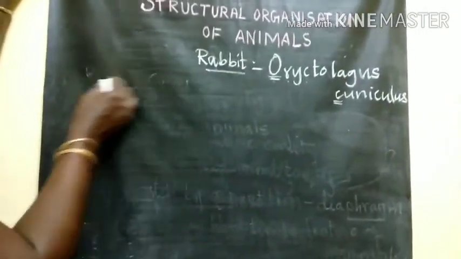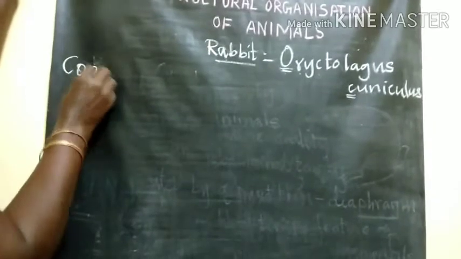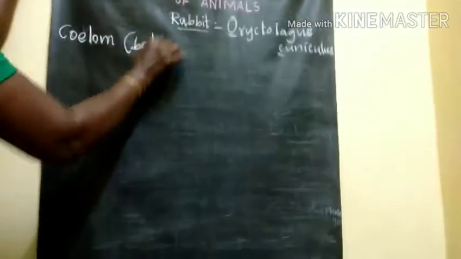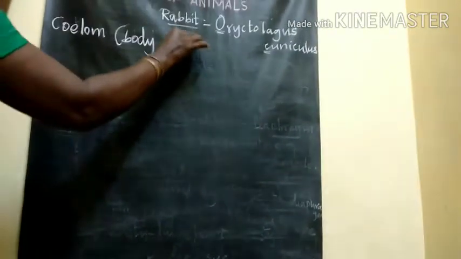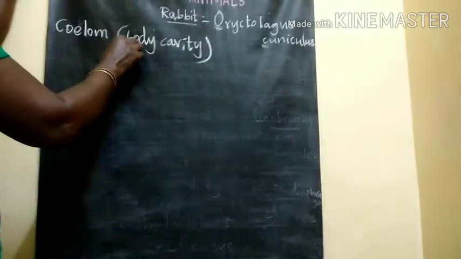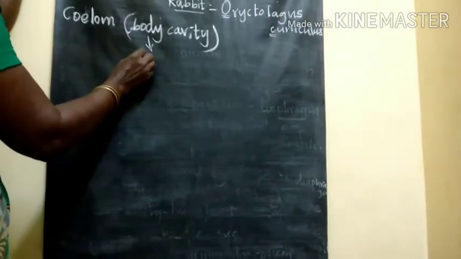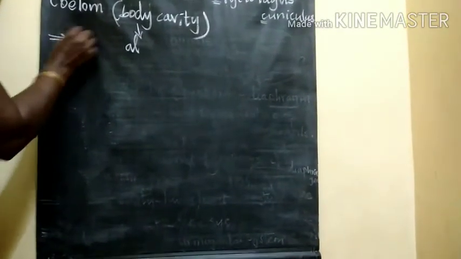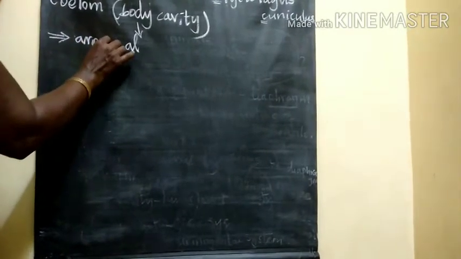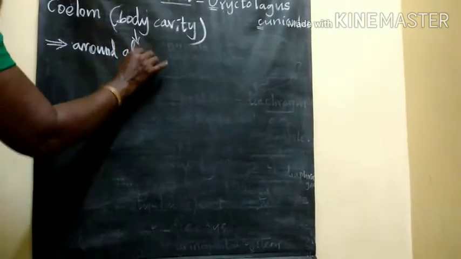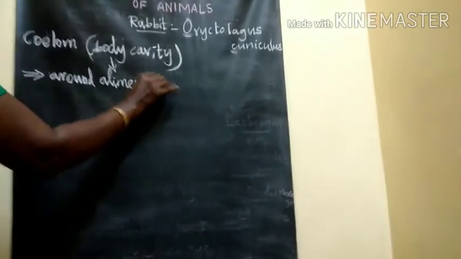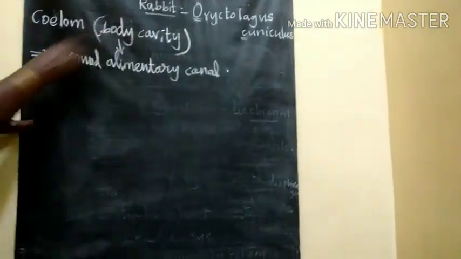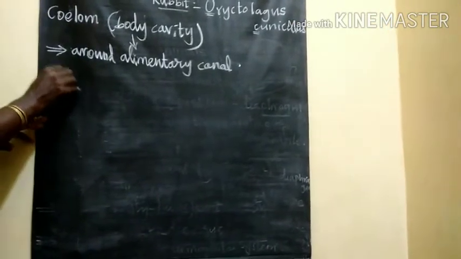Okay. Now let us learn about the coelom. What is coelom? Coelom is the body cavity. The cavity is seen around the alimentary canal. The body cavity is divided into two parts.